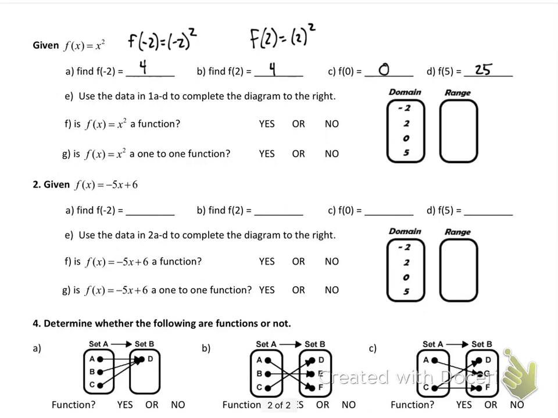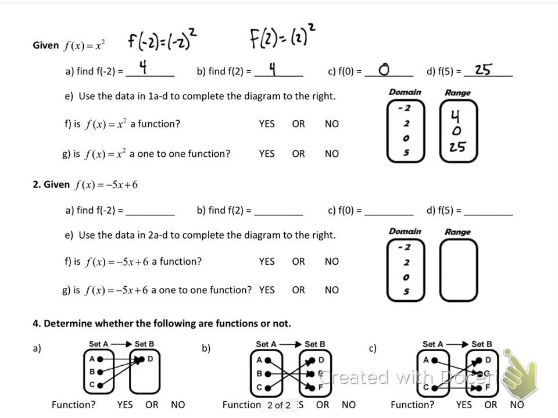You can see your 4 inputs there in the domain. We're only going to write the unique values that show up in the range. So what values are we going to write? 4, 0, and 25. So in this range, we've got 3 outputs.